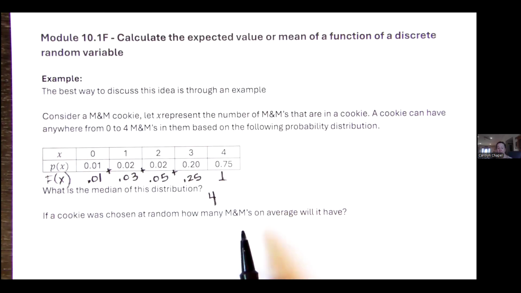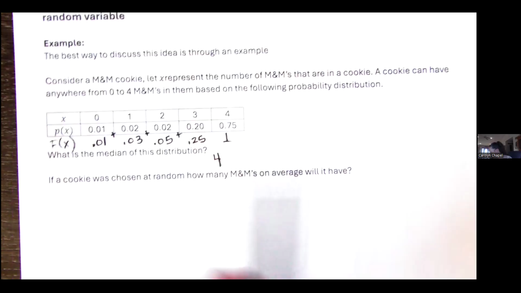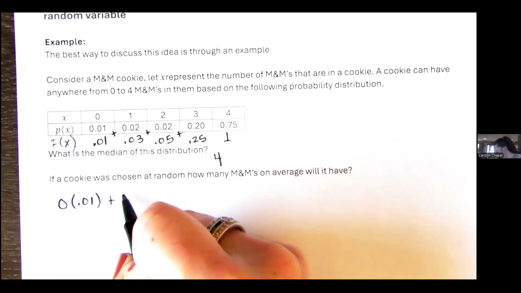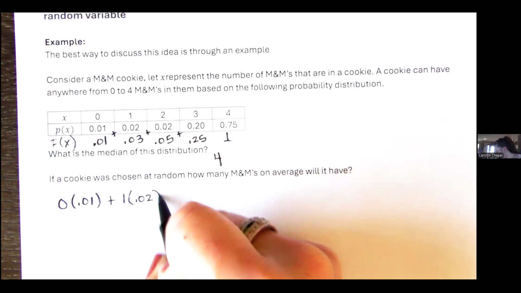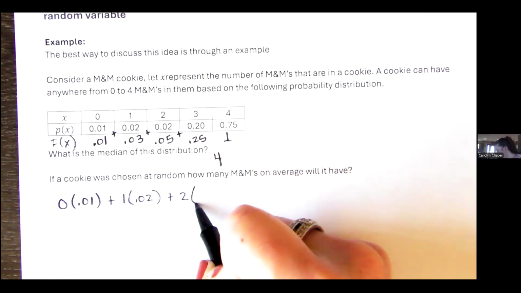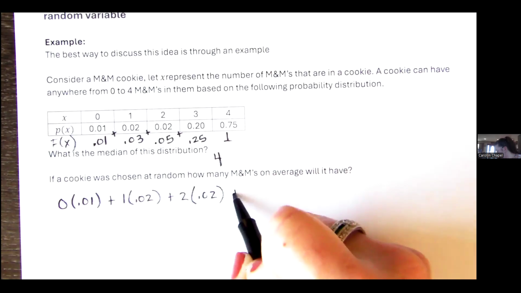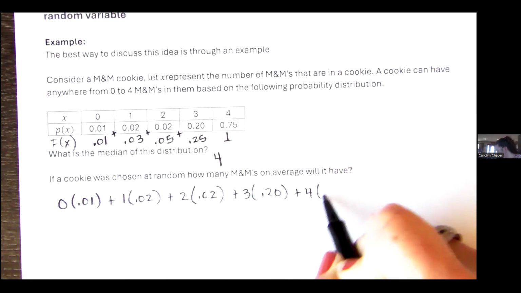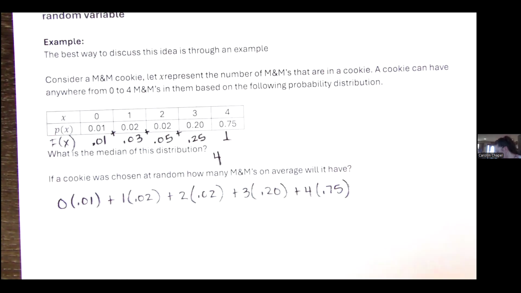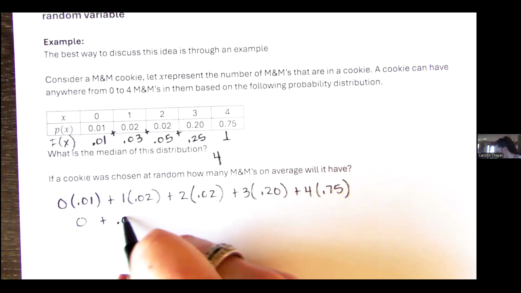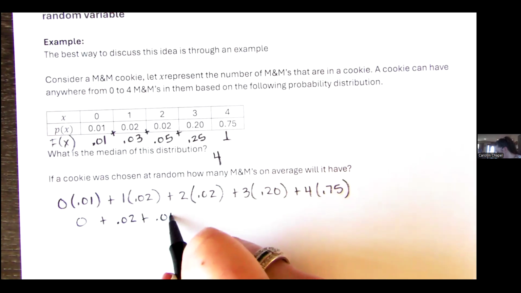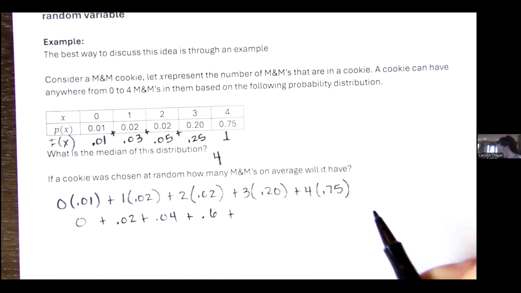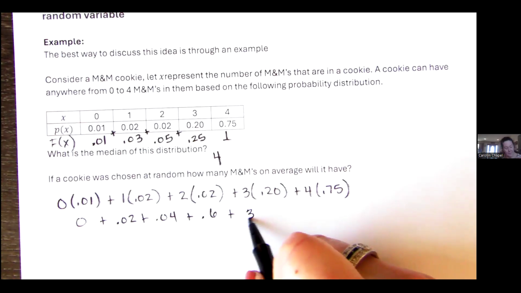Okay, to find our average, we take our value and multiply it by its corresponding probability, and then we add all those up. So I'm writing my value x, multiplying it by my corresponding probability. So this is 0 plus 0.02 plus 0.04 plus 0.6 plus, I think that's a 3.